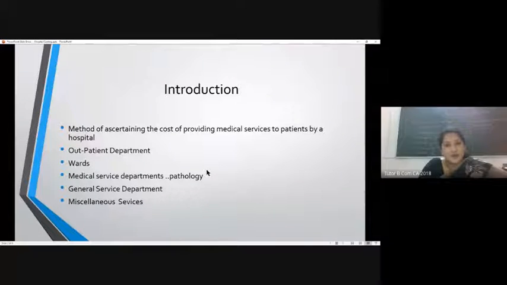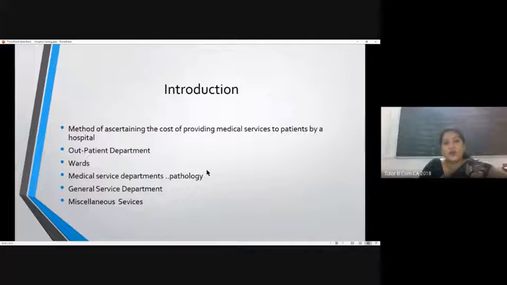Then we have specialized medical services departments like pathology, laboratory services, X-ray departments, scanning departments. Likewise, different departments are there. So those are specialized medical service departments. There can be a dietitian and similar services which are part of the hospital service.